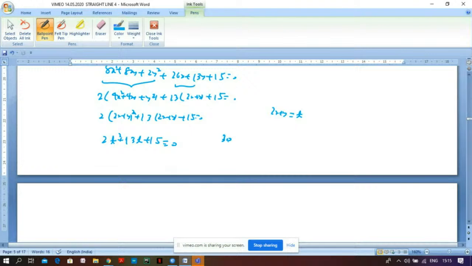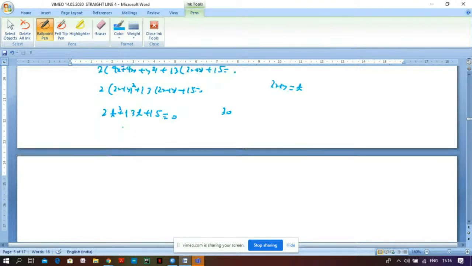So now we will find some factorization. What will that factorization be, and how will you get the answer? The idea is simple: we can write either a factorization, or we can use plus minus, but factorization works better. So 2t squared plus, this is 10 times 3, 13, 30.